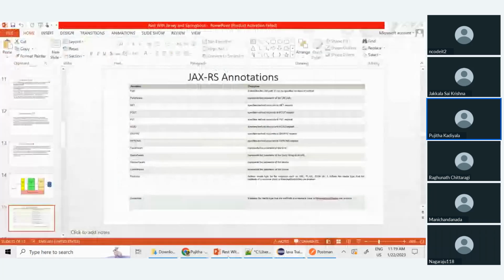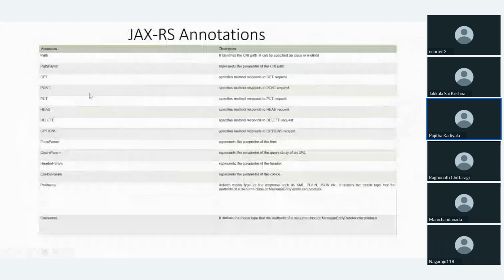You can see them here: get, post, head, delete, header param, cookie param, produces, consumes, query param, form param, options. Based on your purpose or necessity, you are going to use those annotations.